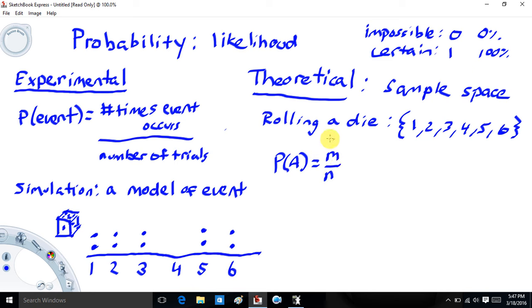So all that's saying is these are the total number of outcomes, and event A occurs in m of these outcomes. Then the probability is m over n.